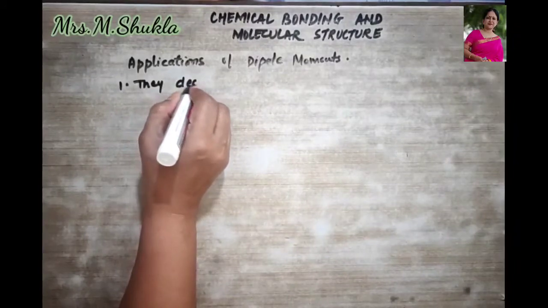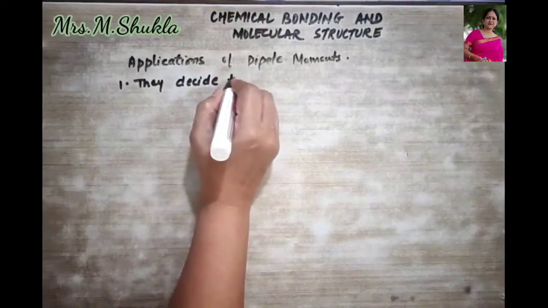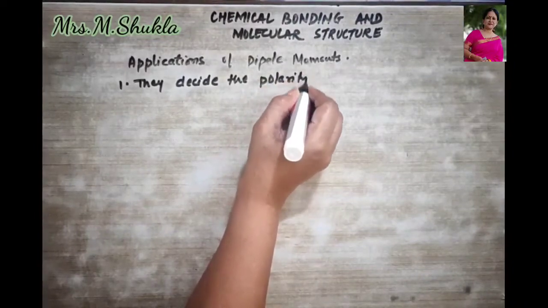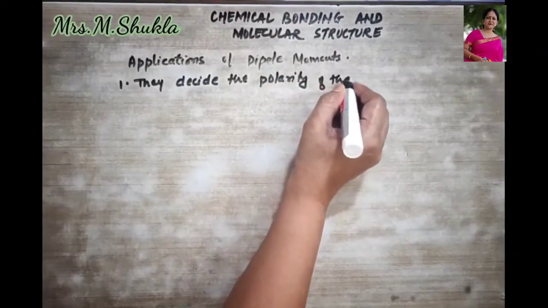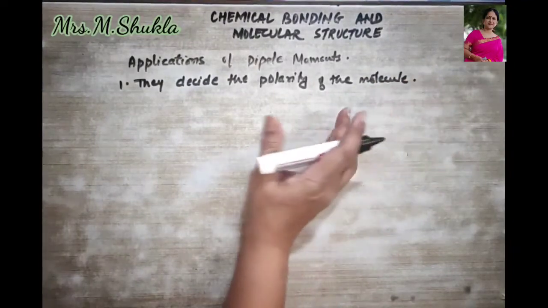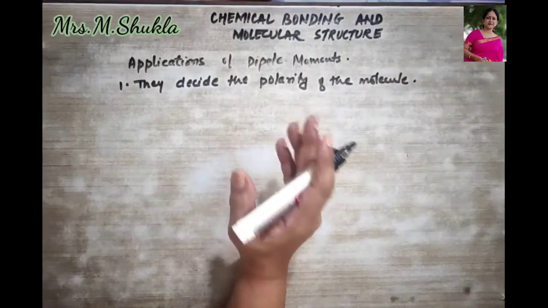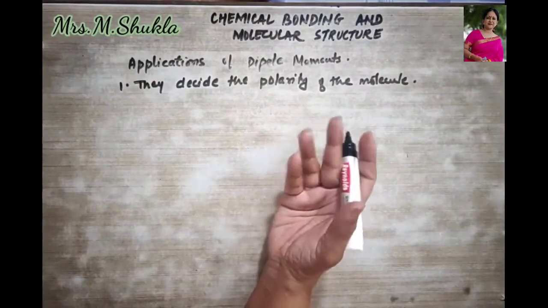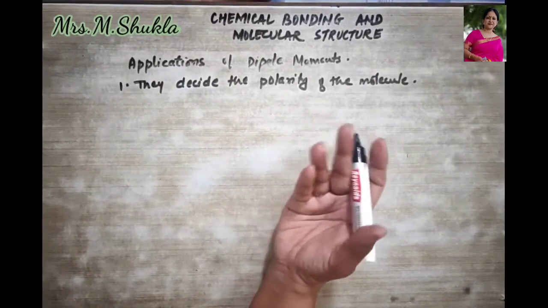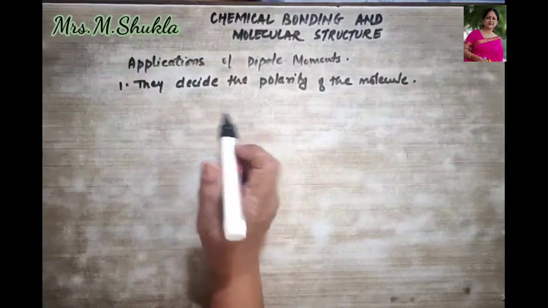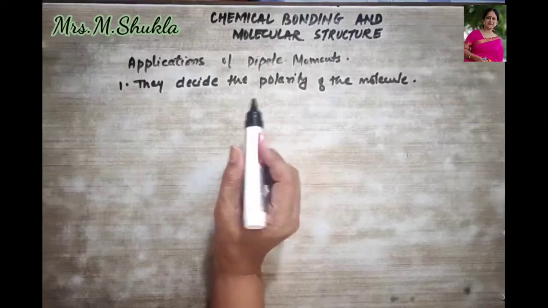They decide the polarity of the molecule, that is, whether molecules have zero dipole moment or do not have zero dipole moment, whether they are polar or non-polar in nature, that is decided by the dipole moments.